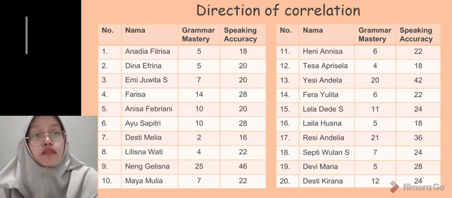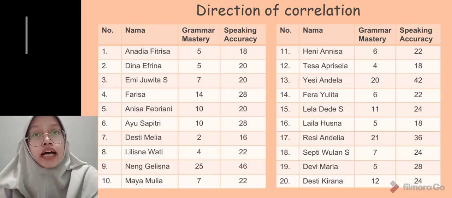The score of grammar mastery is 14 and the score of speaking accuracy is 28. Next, Anissa Febriani, the score of grammar mastery is 10 and the score of speaking accuracy is 20. Next, Ayu Sapitri, the score of grammar mastery is 10 and the score of speaking accuracy is 28.